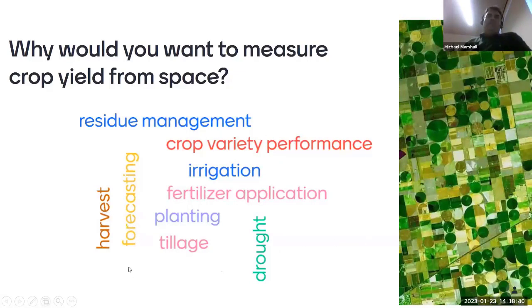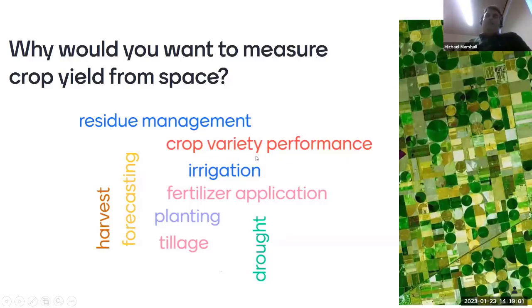So you can see forecasting was mentioned, harvest, residue management. So the amount of biomass that isn't used for harvest or yield, that's maybe left on the ground, sometimes tilled back into the soil or burned. This is what we mean by residue management.